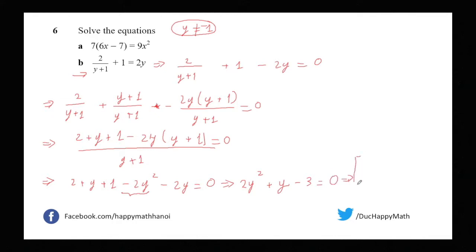Using delta to solve this equation, after you finish you will find that y equals 1 and y equals minus 3 over 2. Let me check: when y equals 1, the function equals 0. Yes. y equals minus 3 over 2, yes, it also gives the final result of 0 for the function.